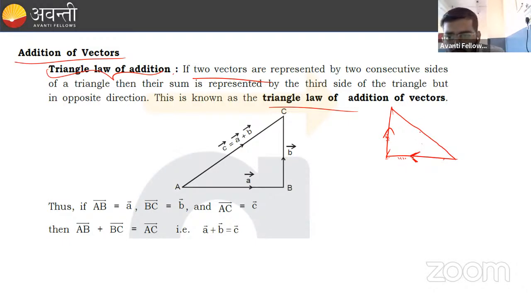These two are going clockwise, so the opposite direction will be anti-clockwise, so this arrow will go like this. Hence this is the definition.